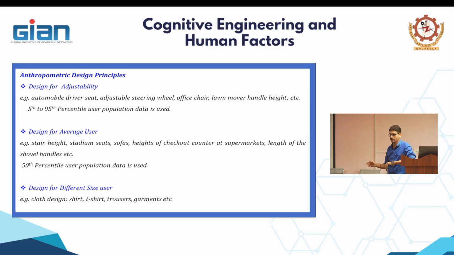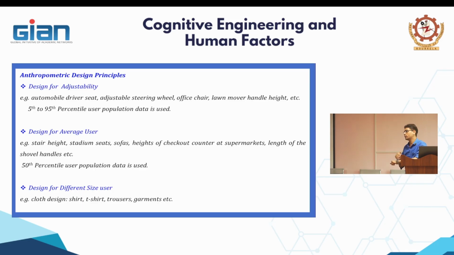Like the staircase, we cannot customize it or make it adjustable. We do not know what will be the maximum or minimum user. So it is a standard. The rows in stadiums are also standard.